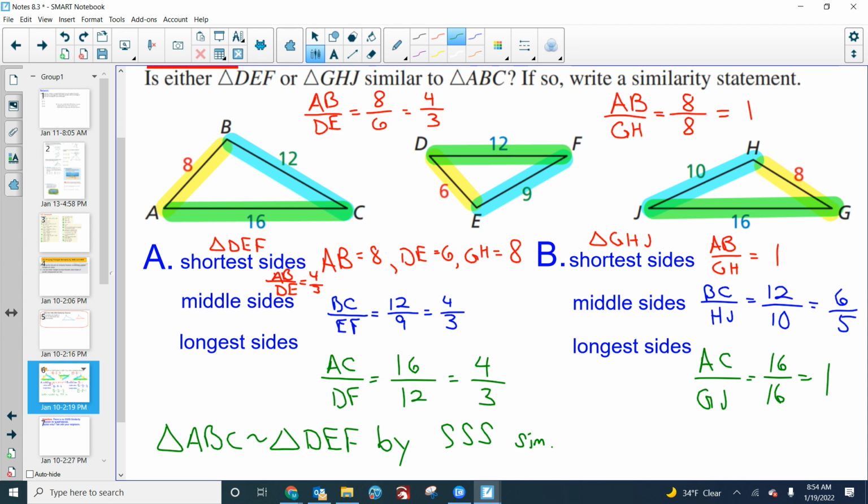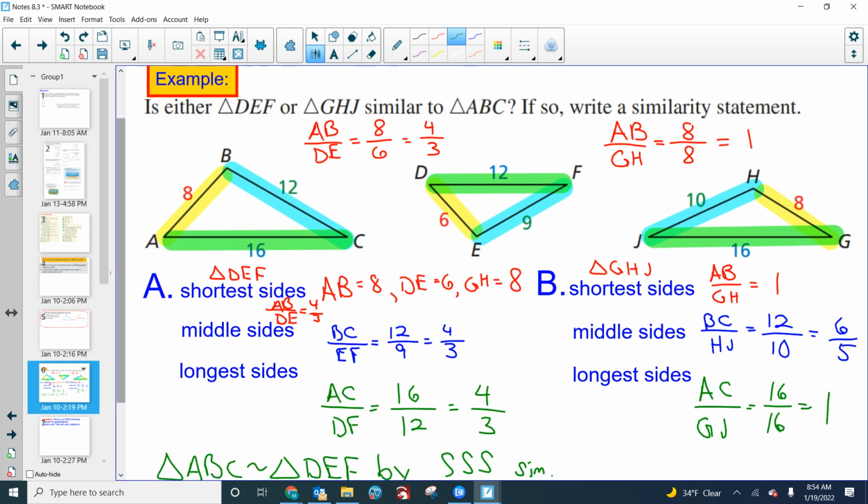It's just going to be boring. Their proportion is 1, right? So if the question asked, are they similar, and the scale factor is 1, we'd say, yeah, they're similar, but they're also congruent. This one failed because the middle sides were not proportional with the same ratio as the other two pairs. All three pairs have to have the same ratio, 4/3, 4/3, 4/3, or 1, 1, and 1.